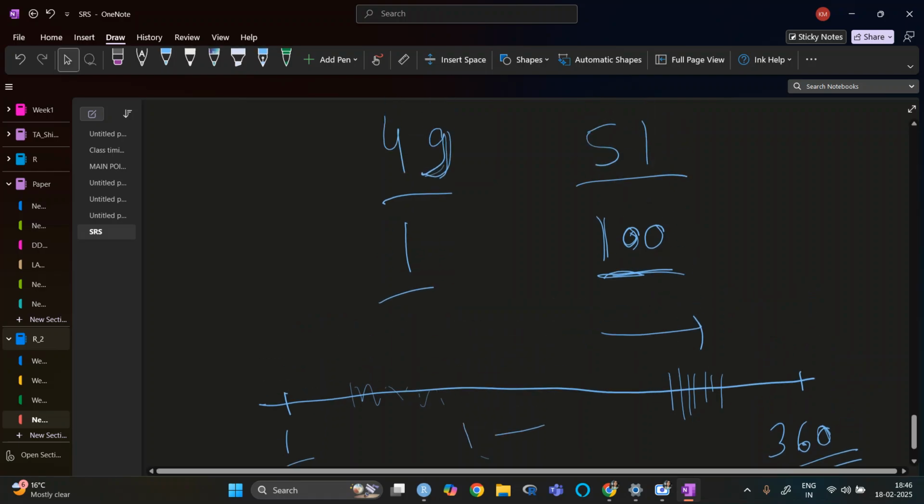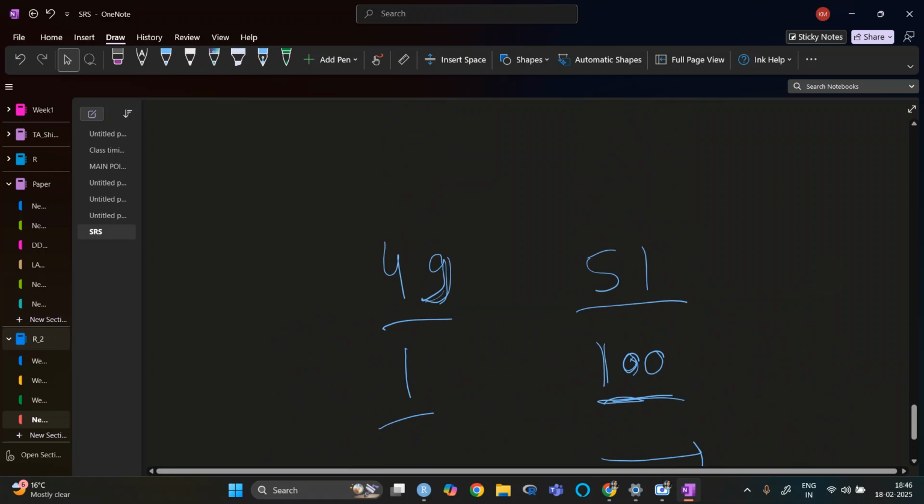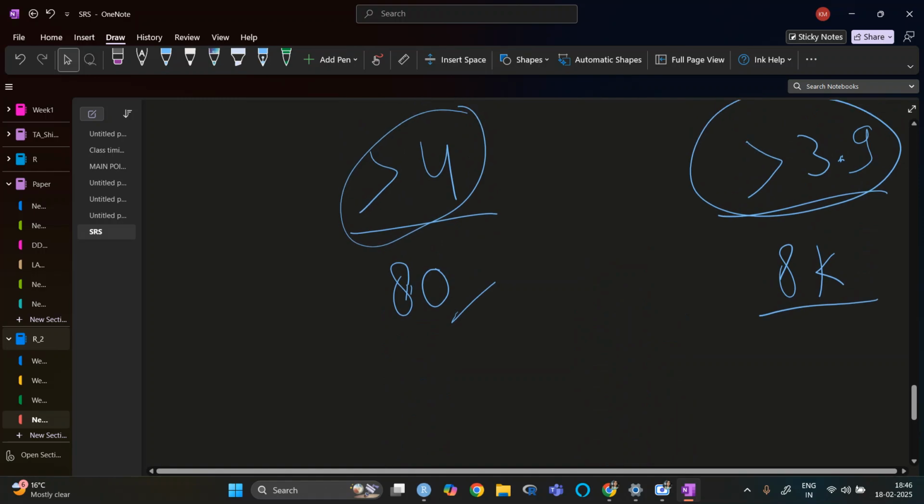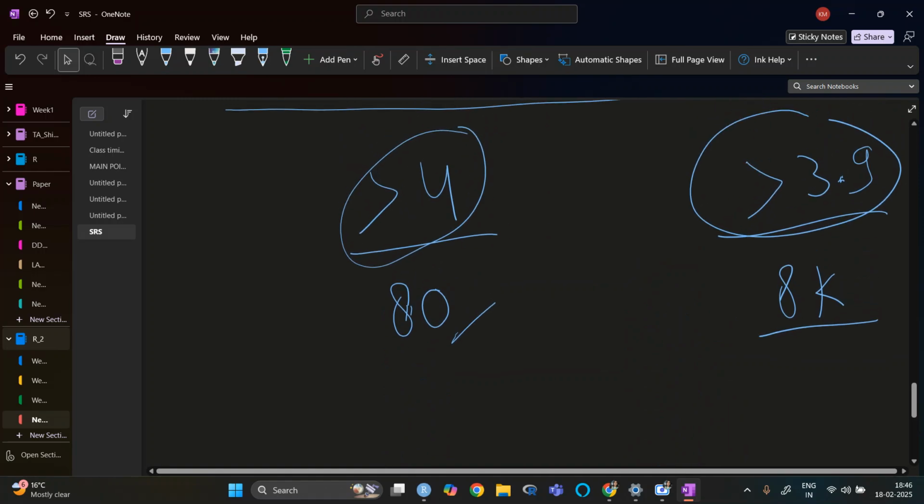So this is used in real life. Otherwise, if it is nearby in between, then we can see that the variability is low. Okay, so this is population mean and population variance.